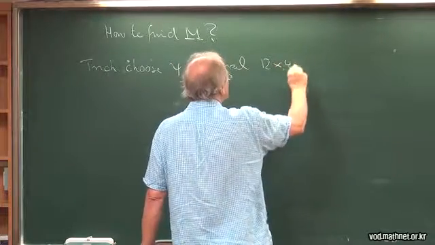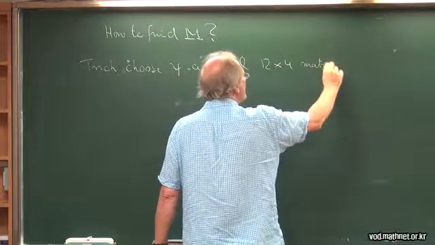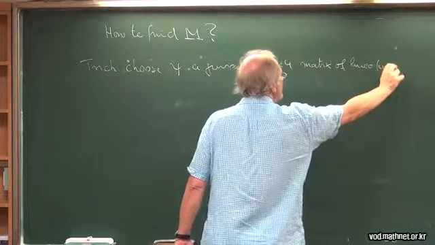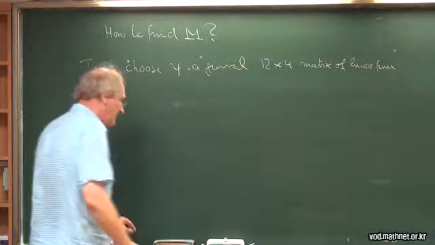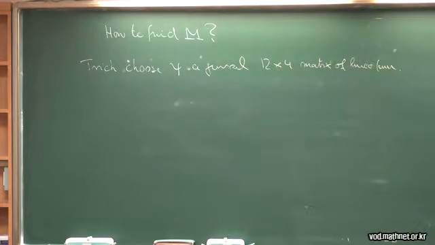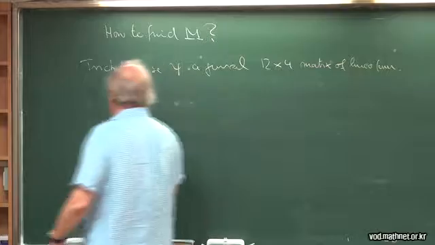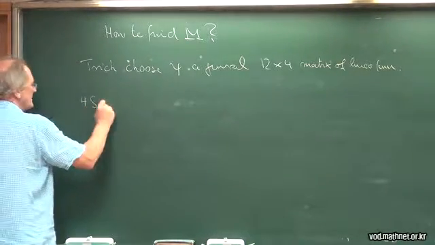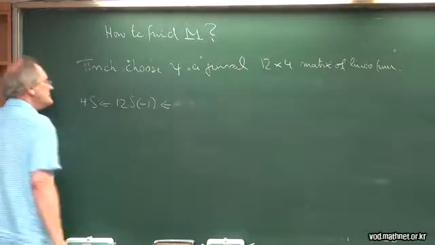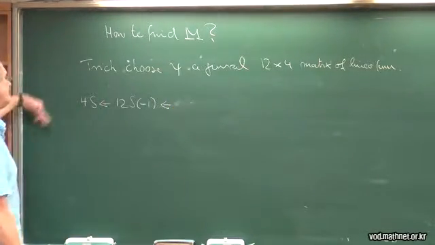12 by 4 matrix of linear forms. And then the 5 of course should compose to 0 with this, or dually then I have 5s, 12s minus 1, and how many things do I get in degree?